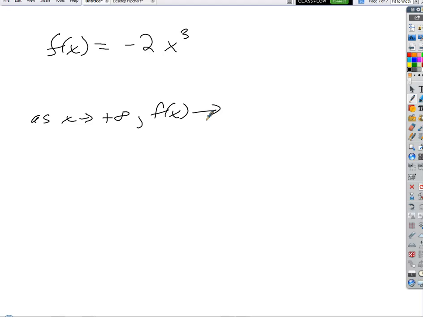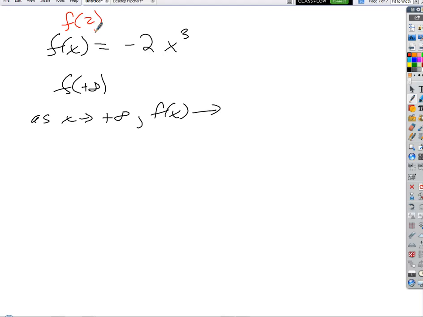So if we do something like, and this isn't technically even correct, but if I were to try to evaluate this function at infinity, let's evaluate it at 2 once, just to get the idea of what we're doing. What if I do f of 2? Where do I put the 2 in my function? If f of x equals negative 2x cubed, what's f of 2 going to be?